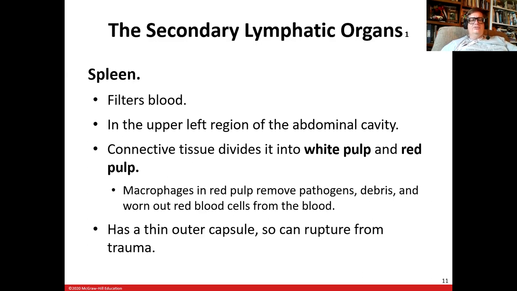Connective tissue divides it. You have red pulp, you have white pulp. Macrophages in the red pulp filter things out. Macrophages are grown-up monocytes. You remember circulatory system, types of white blood cells, never let monkeys eat bananas. That monkeys stands for monocytes. The monocytes, which are already the big white blood cells when you form them, get even bigger.